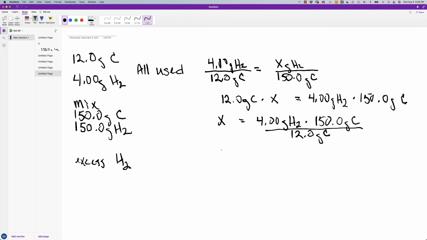Do our math. That gives us 50.0 grams of hydrogen that's being used. So of the 150 hydrogen we were given, we only use 50 of it. If we only use 50, how much is left over? 100. That one should be pretty easy, right? We've got 100 grams of hydrogen left over.